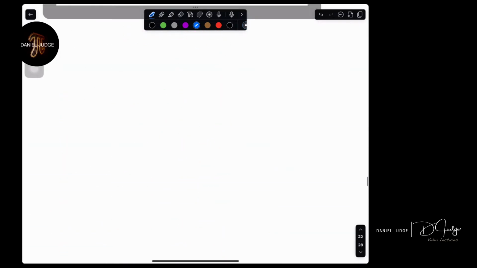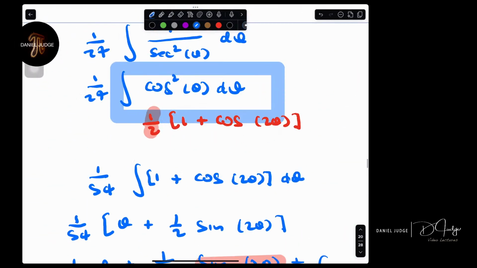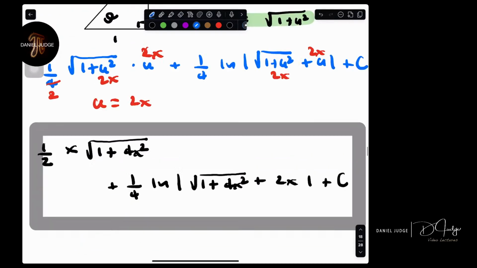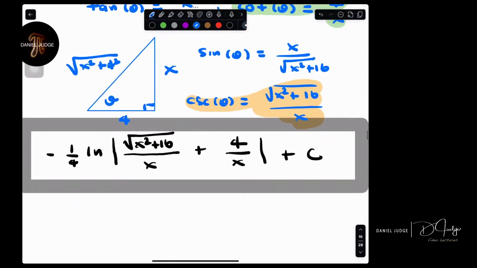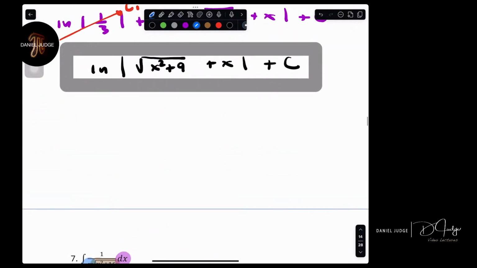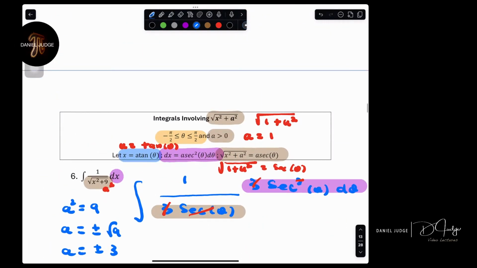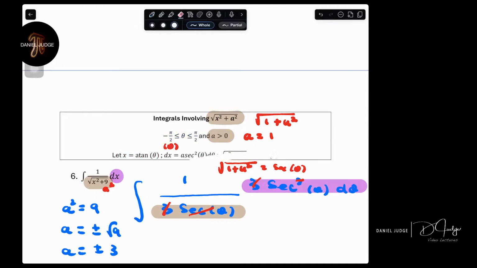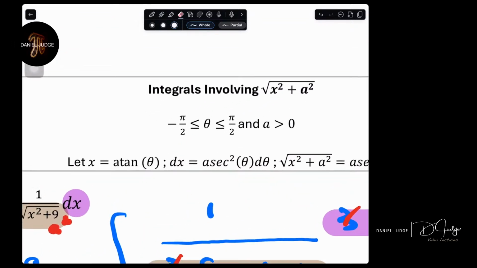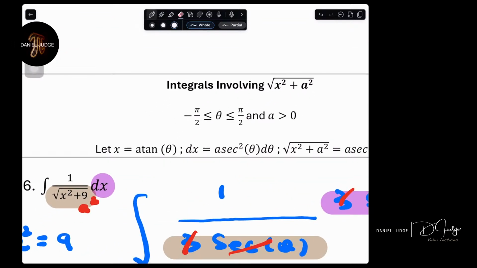Since this is x squared plus a squared, x will be a, which is 1, tangent theta.